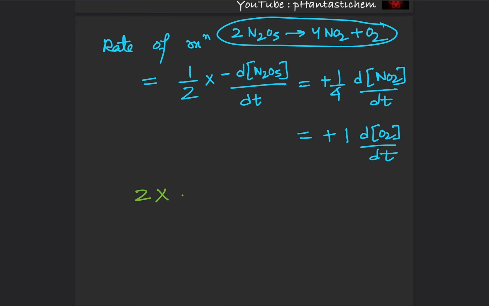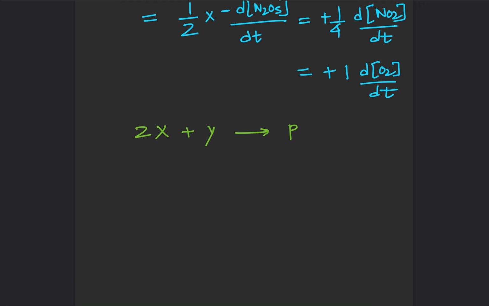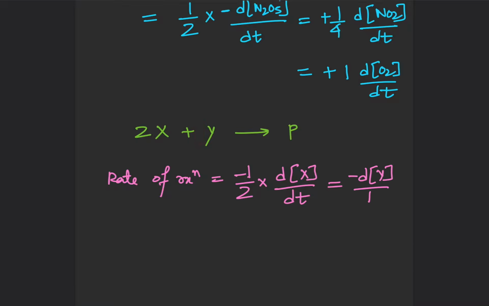So our reaction in the question is 2X plus Y giving us P. For this reaction we can write the rate of the reaction will be, obviously, the stoichiometric coefficient of X is 2, so it is going to be minus 1 by 2 into d of concentration of X divided by dt, which will be equal to, again, the coefficient of Y is 1, so minus d of concentration of Y by dt, and that will be equal to, for P the stoichiometric coefficient is 1, so plus d of P by dt.